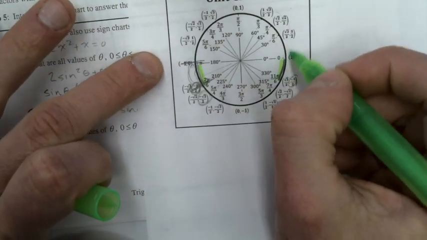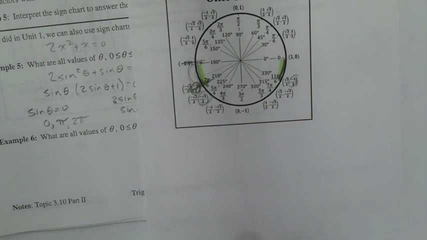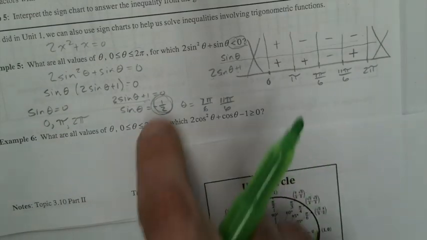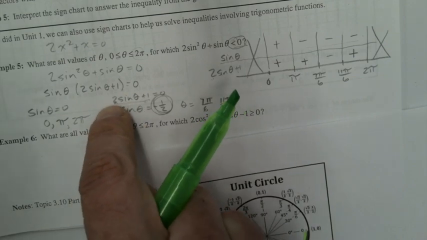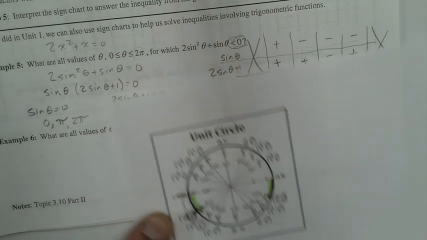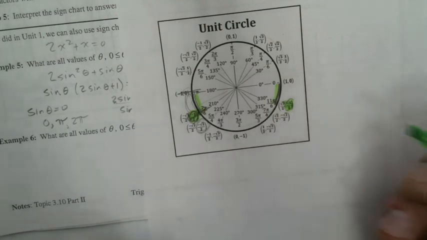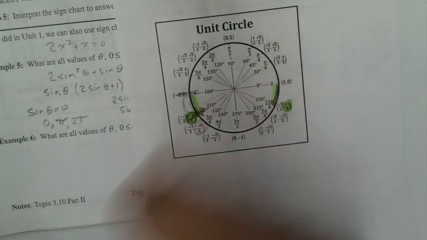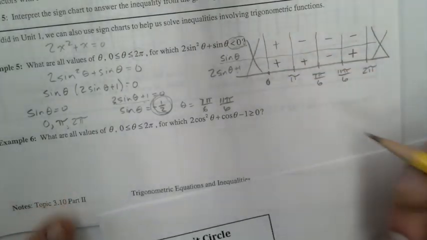To make that clear, normally we would look at the sine values and just determine if they're positive or negative. However, given that we have a manipulation of multiplied by 2 and adding 1, when I solve, I get negative 1/2. The negative 1/2 for sine is now the switch between positive and negative. So this is where we trade positive and negative values.